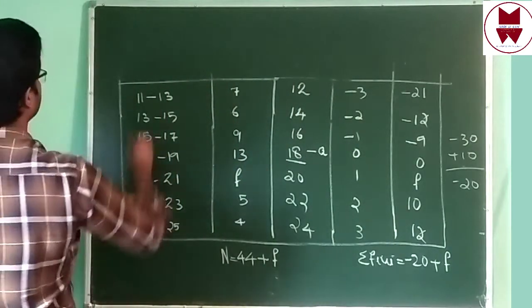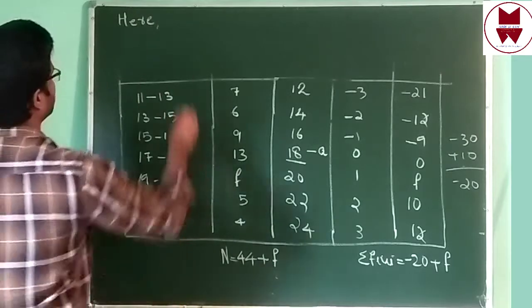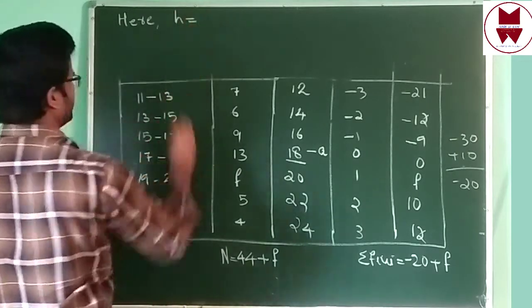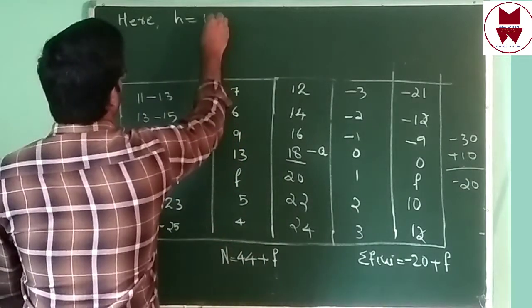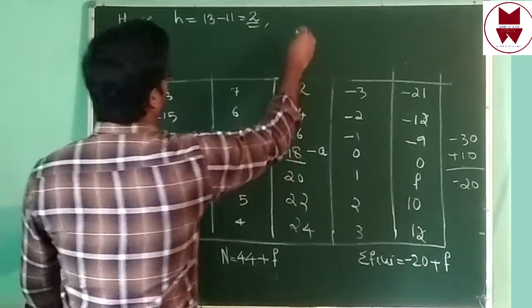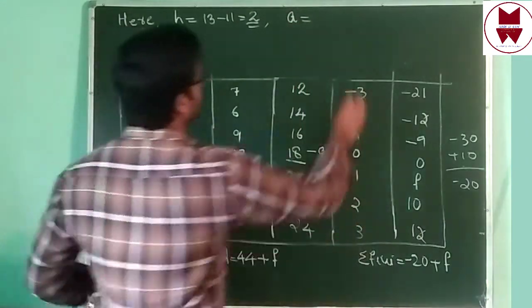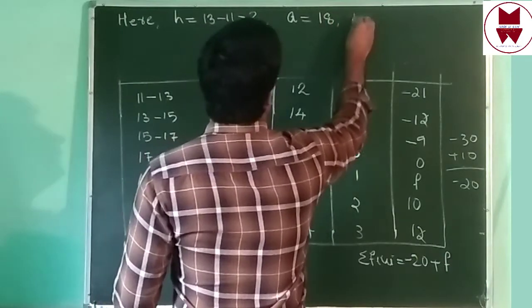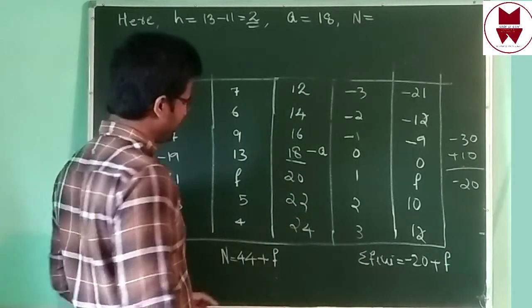Here, h equals what? That is 13 minus 11, we will get 2. h is 2. Then a means how much? Already we took 18. Then n means 44 plus f.